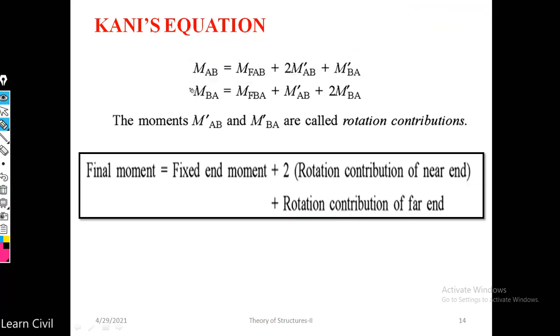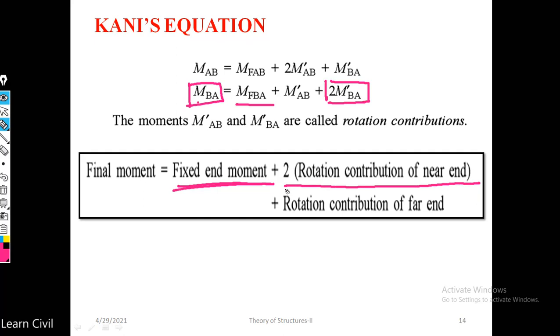Similarly for BA, we can write the equation: MFBA, that is the fixed end moment BA, plus 2 into the rotation contribution at the near end, plus the rotation contribution at the far end. So like this Kani's equation is developed.